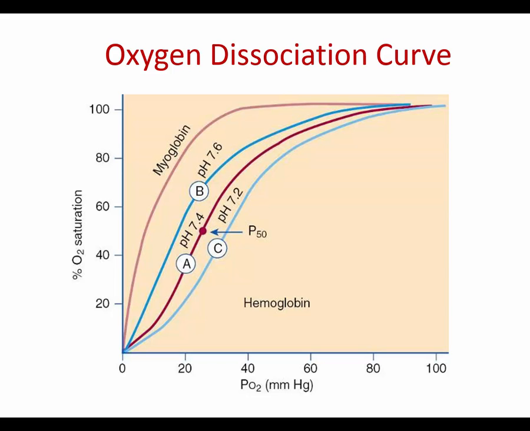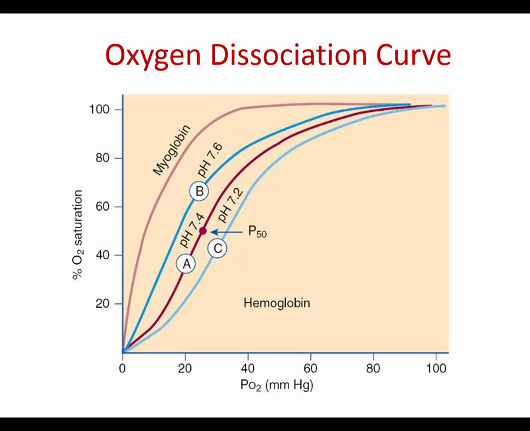Then what's going to happen is that it's much easier to replace the second oxygen. It's going to come off easier. It's going to be much easier to remove the third one. It's going to come off easier. So as the level of the 2,3-BPG goes up, it's easier to remove the oxygen from the hemoglobin and release it to the tissue.